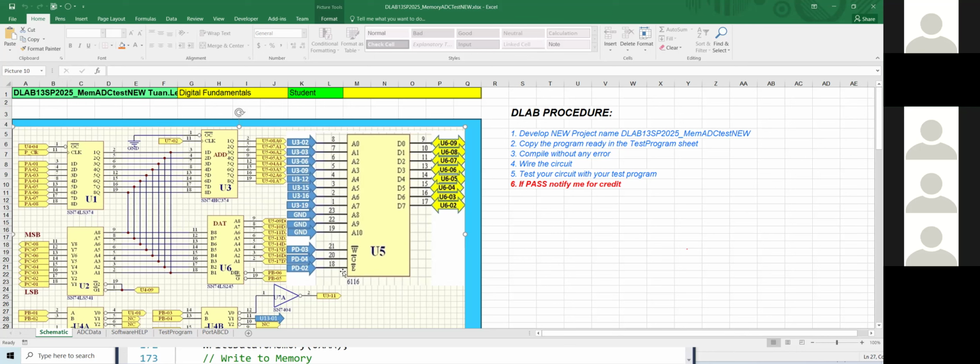Okay, now the key point here will be enable. When you apply the address location here, enable must be 1. That means they do not allow anything to go inside. And when you apply the data here, enable also has to be 1.